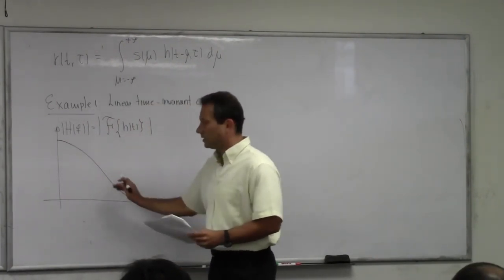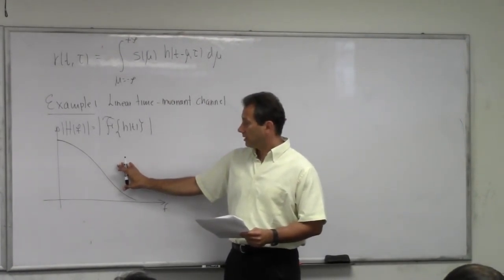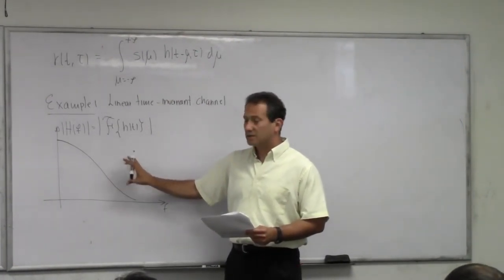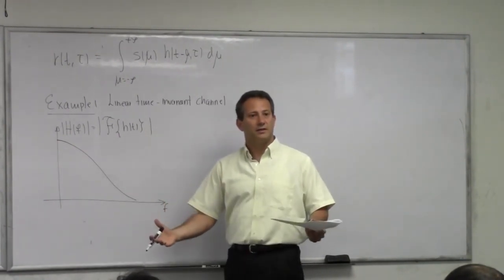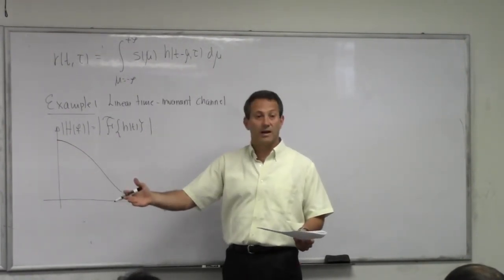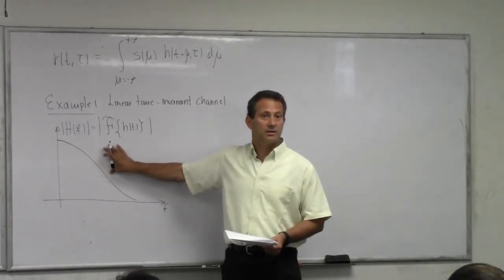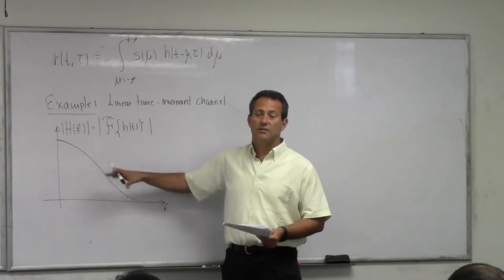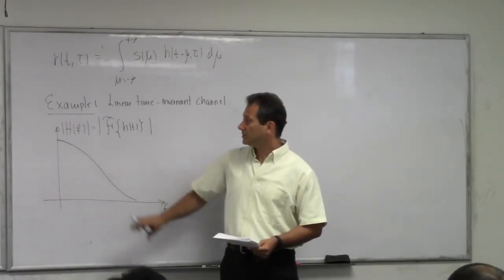This is your typical low-pass filtering channel. This mathematical model describes with pretty good accuracy all of your electrical wireline channels. If you look at twisted pair, it has transfer characteristics that are somewhat like this. If you look at the coaxial cable or even waveguide, they behave somewhat like this.